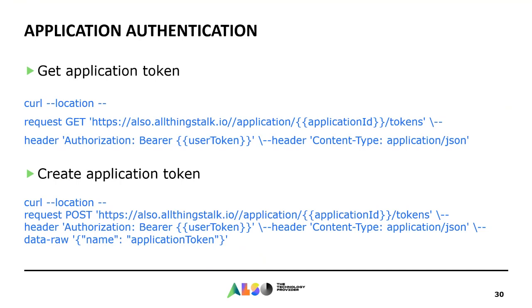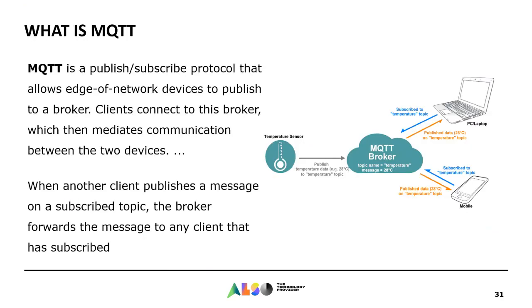So I promised you guys that at the end I will talk a little bit more about MQTT. For the ones in the training that aren't aware what MQTT is, MQTT is just a protocol, and it consists of a broker.